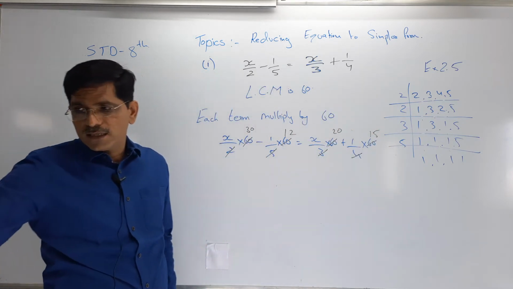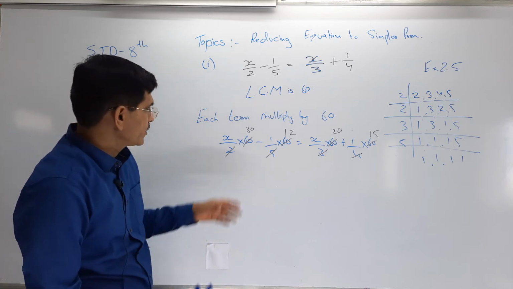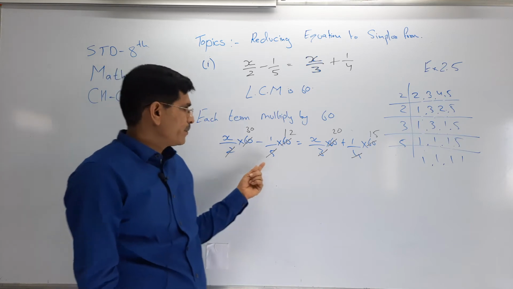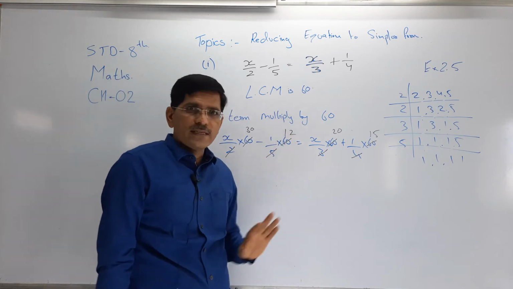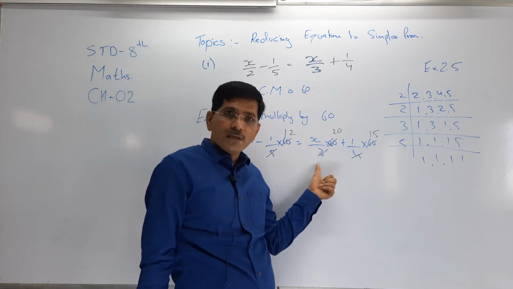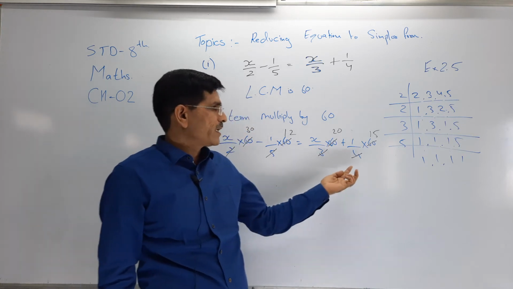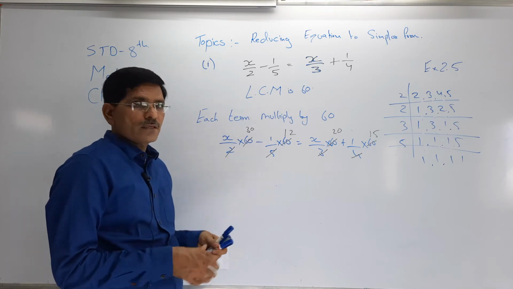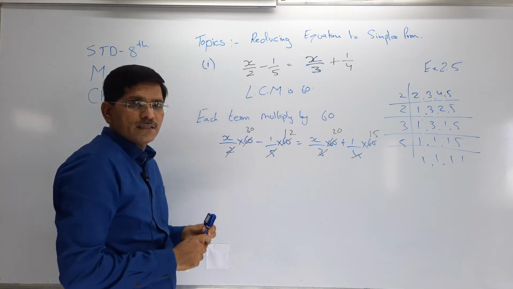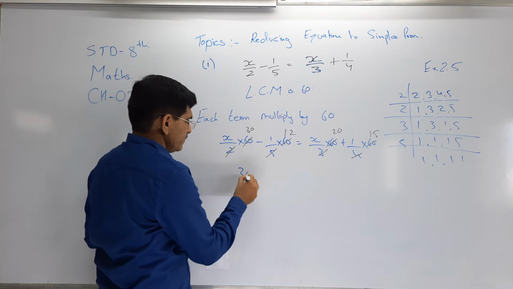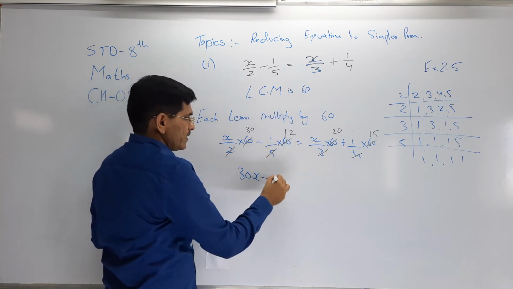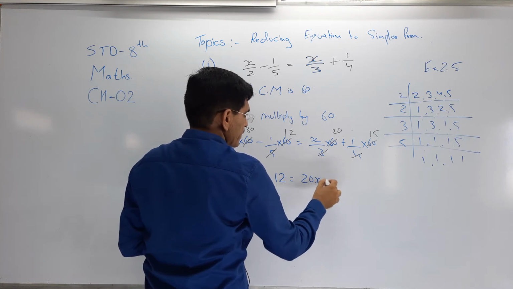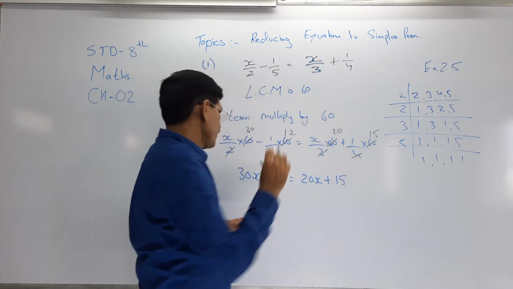Always 60 should be in the table of 2, 2 fifteens are 30, in the table of 5, 12 fives, in the table of 3, 3 twenties, and in the table of 4, 4 fifteens. So here we write 30x, 12 ones are 12, 20x plus 15.